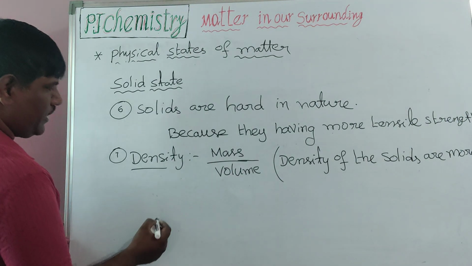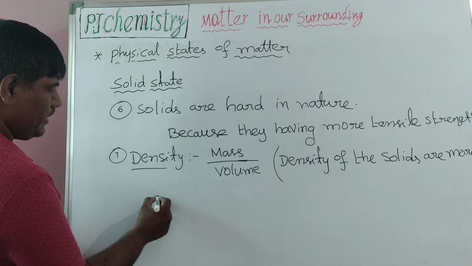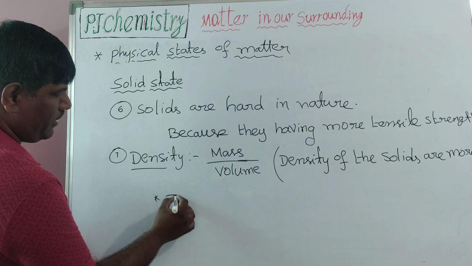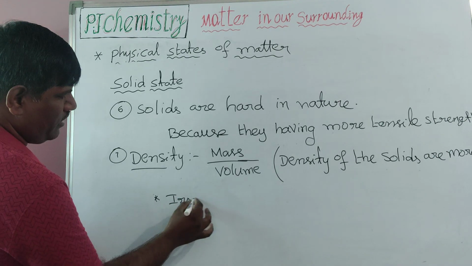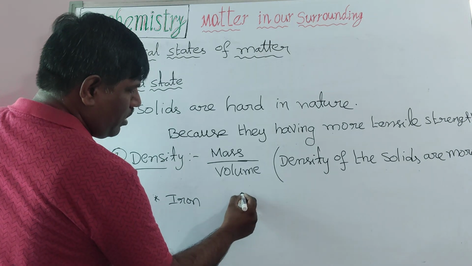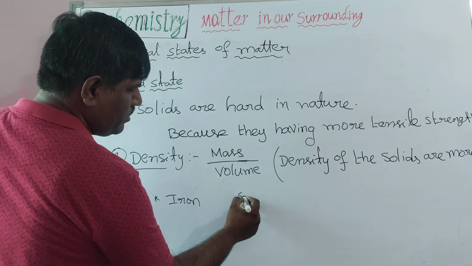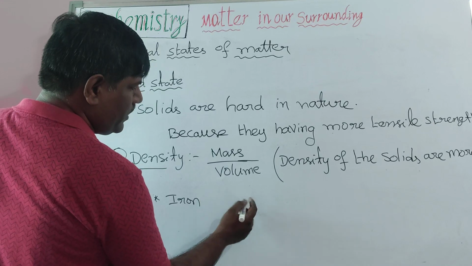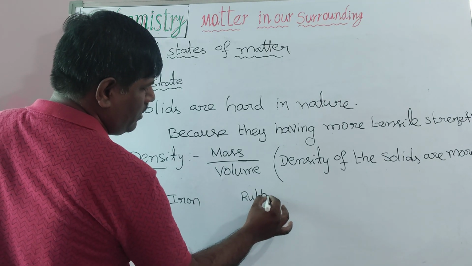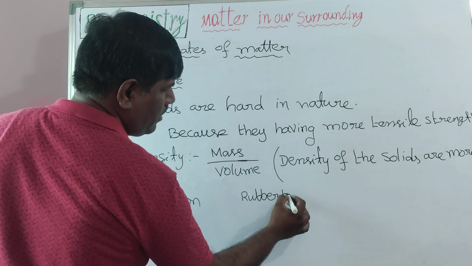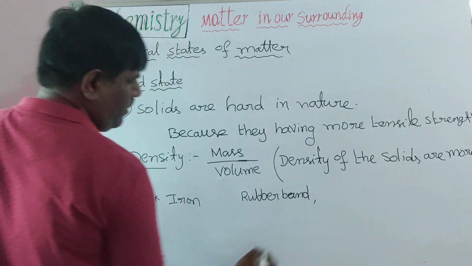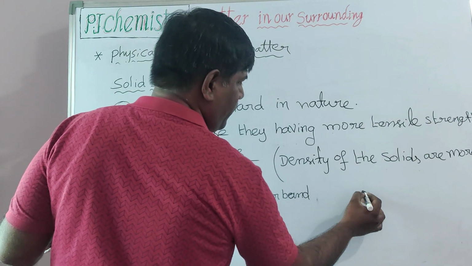For example, here I am taking three substances: iron, sponge, before that rubber band, cotton.